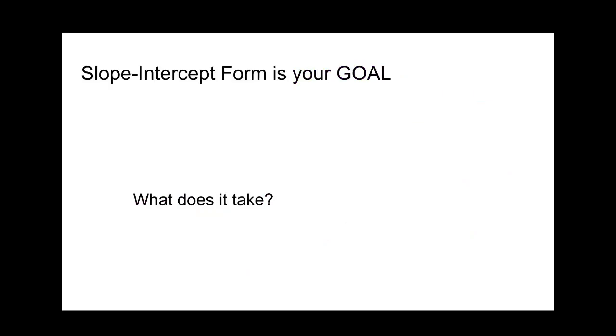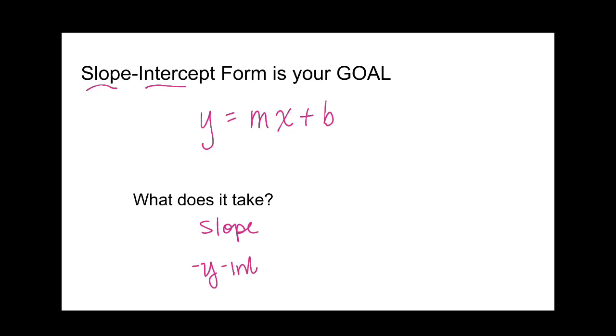So, remember, your slope-intercept form is your goal. So you're always going to want to get to y equals mx plus b. And slope-intercept requires the slope and the y-intercept. Okay, so that's just a quick review of what I literally just said.